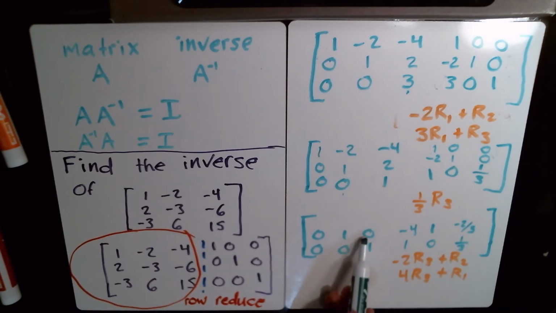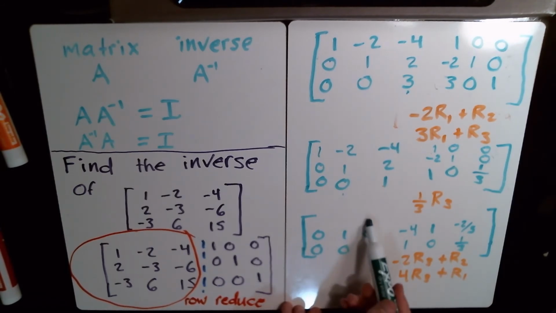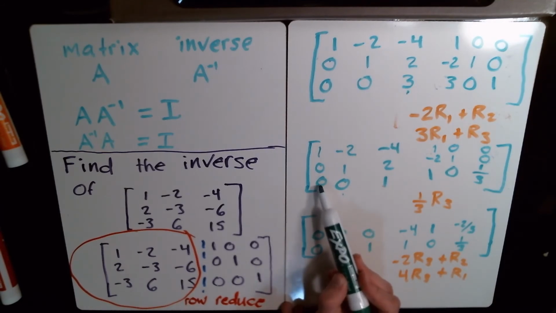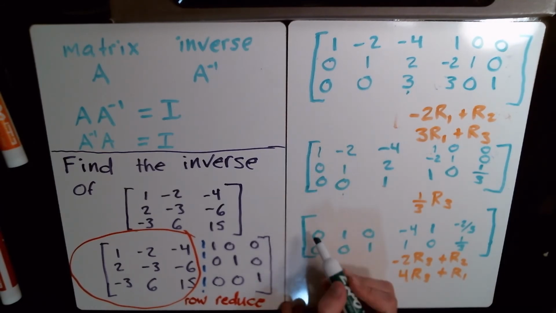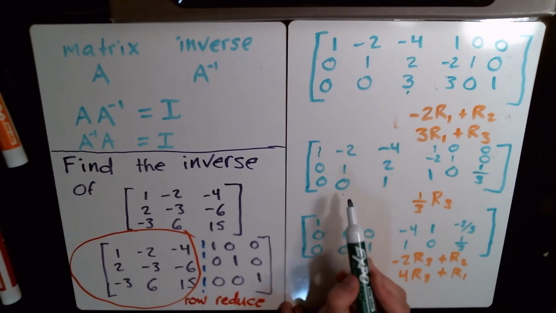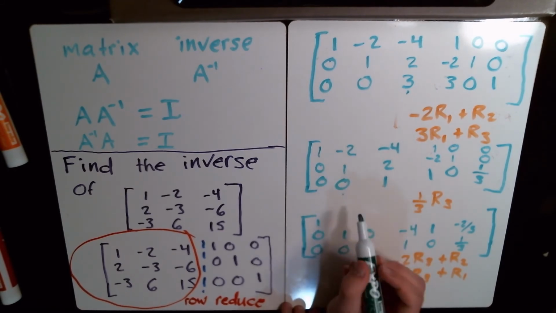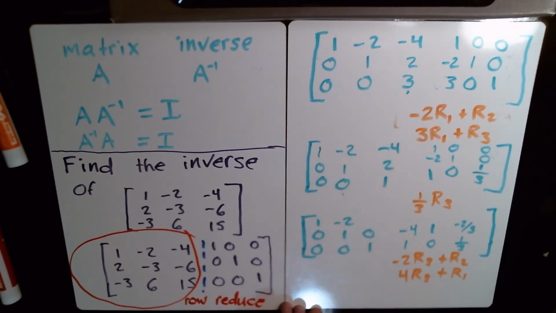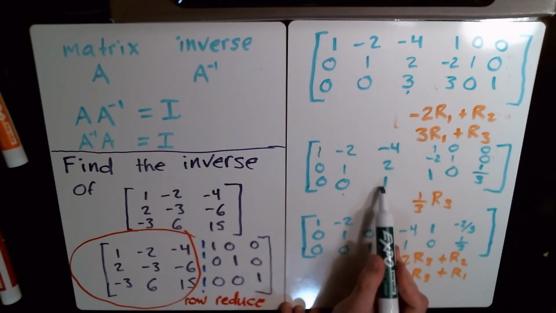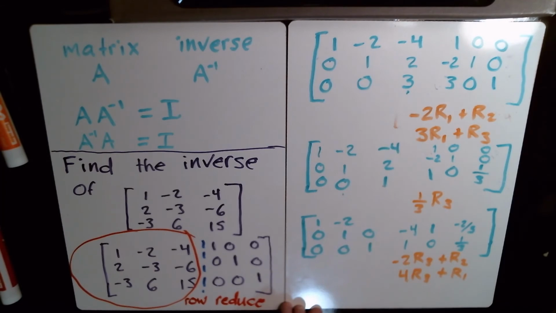Now to get a 0 up here, we do 4 times the third row, and we add it to the first row. Okay, so 4 times 0 is 0, plus 1 is 1. 4 times 0 is 0, plus up there is -2. 4 times 1 is 4, and then add to -4 is 0, which is what we wanted.